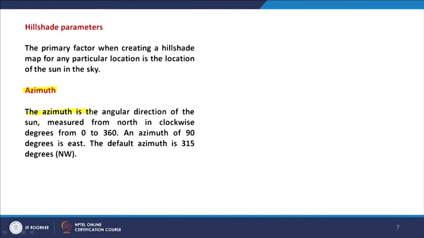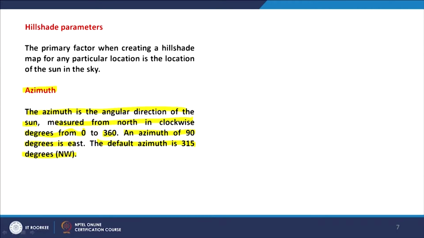Azimuth is the angular direction of the sun measured from north clockwise. So, north will have 0 or 360 degrees, and an azimuth of 90 is towards the east, and the default azimuth in most of the software is 315, that is the northwest corner or northwest quadrant.